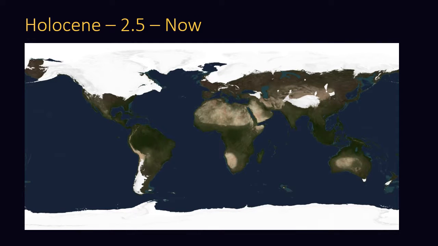What about from 2.5 million years ago until now? This is the Ice Age, and we're still in an Ice Age. We're in an ice house event. That is any time that there is ice on the planet, permanent ice caps, that is considered an ice house. We're in an interglacial period, which means that there are fewer glaciers, but what popular speech commonly refers to as the Ice Age is a glacial period, and that's when the glaciers extended down and carved out what are now the Great Lakes.